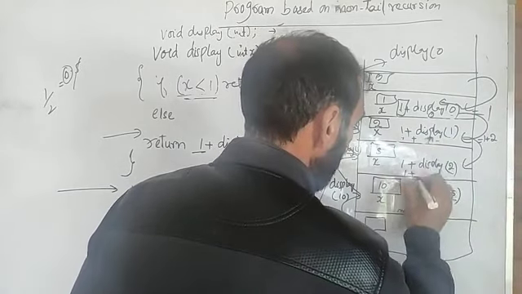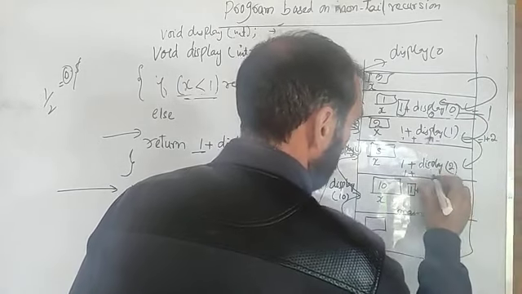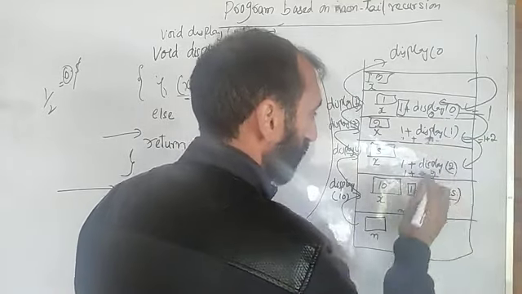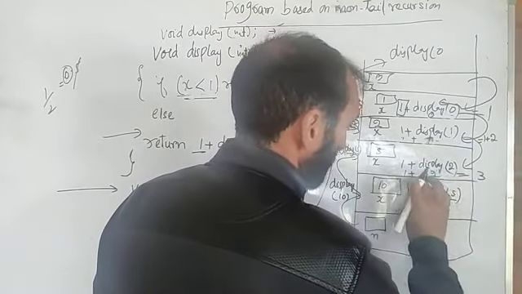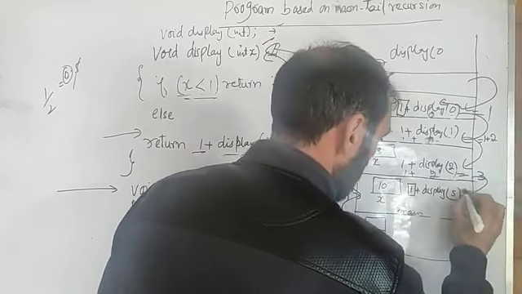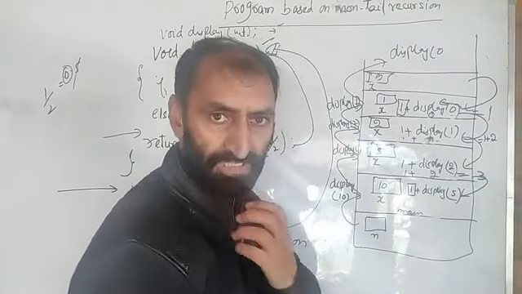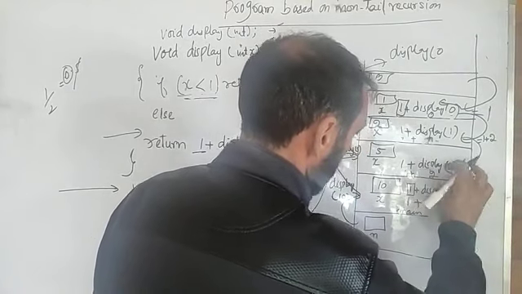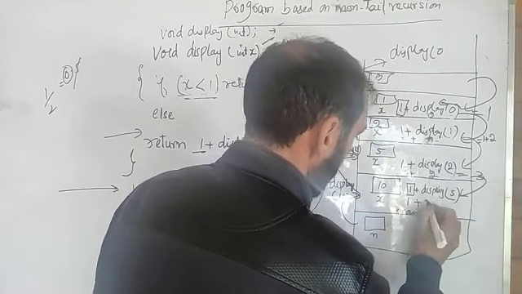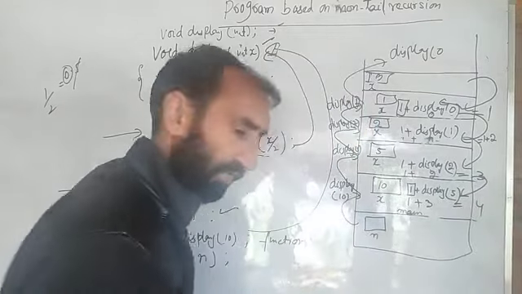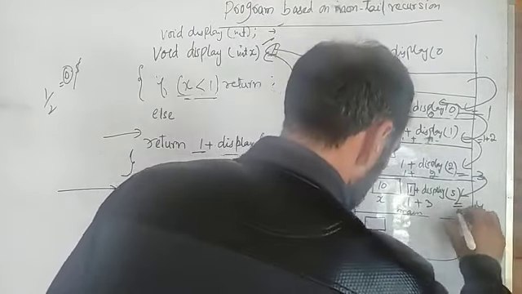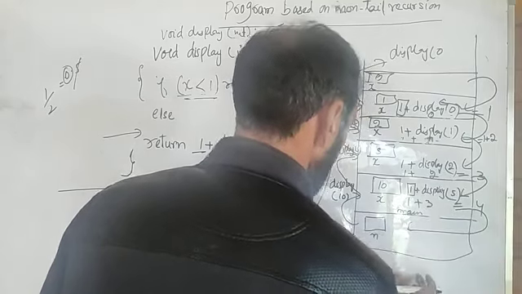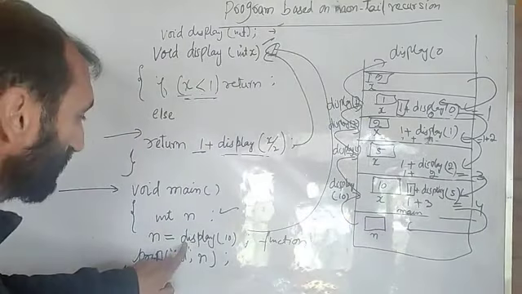Now 1 plus, what is going to be returned by display 1? 2, and obviously 1 plus 2 equal to 3, and this 1 plus 3 will be returned to display 10. That means 1 plus what display 2 returns, 3, equal to 4, and this display function will return back here to display 10.